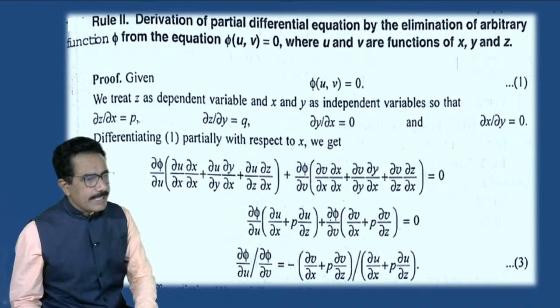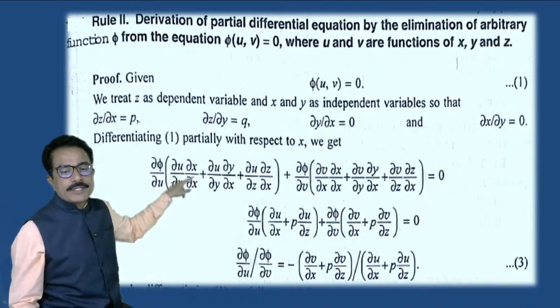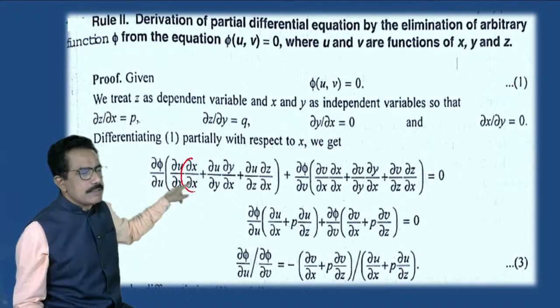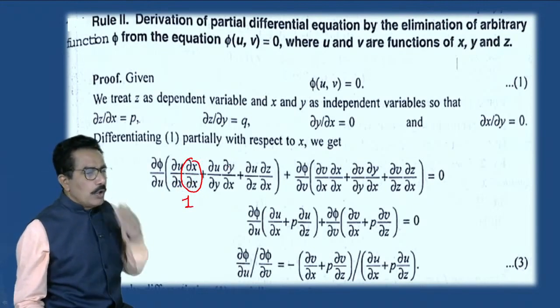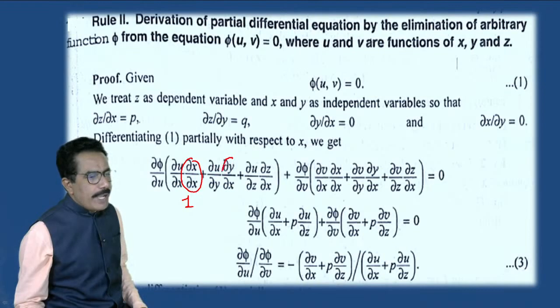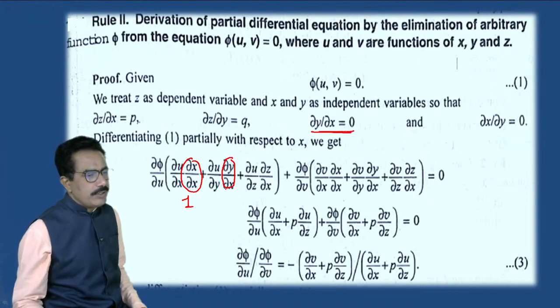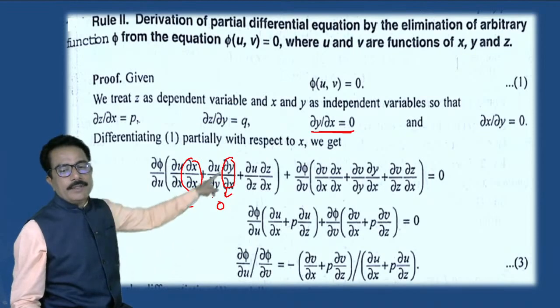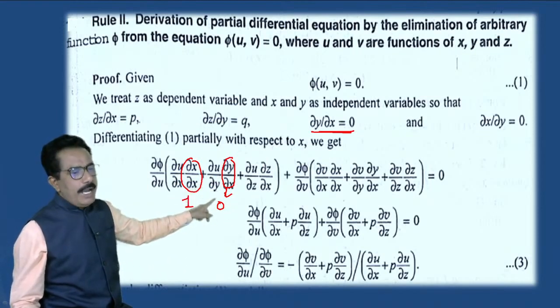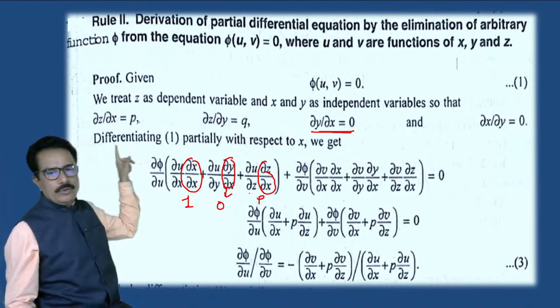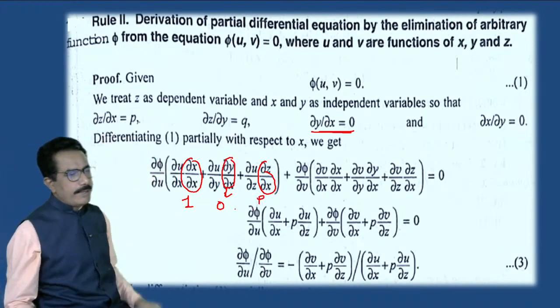Actually we know that the value of dou x by dou x is 1, so replace this with 1. Dou y by dou x will be 0, this is 1, this will be 0, and dou z by dou x is denoted by p.